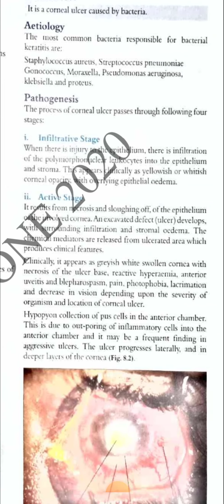Then comes the active stage. In the active stage, the corneal epithelium where there is an injury is sloughed off, or necrosed.